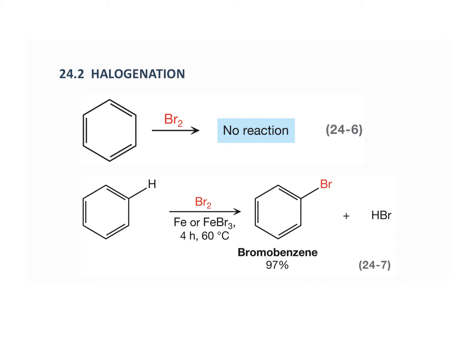Similarly, benzene's not going to react with molecular bromine, but bromination will occur in the presence of iron or iron bromide and produce bromobenzene, where the hydrogen is replaced by a bromine. Both of these reactions are examples of aromatic halogenation because a halogen replaces that aromatic hydrogen.